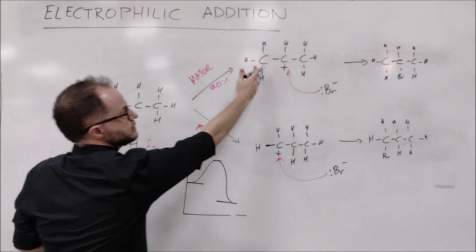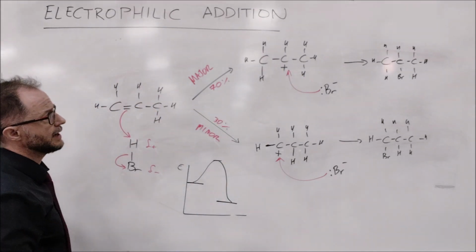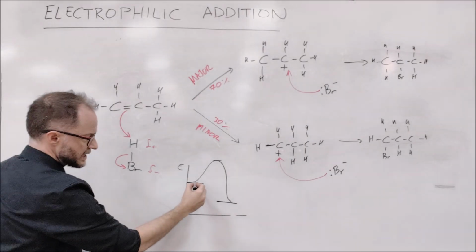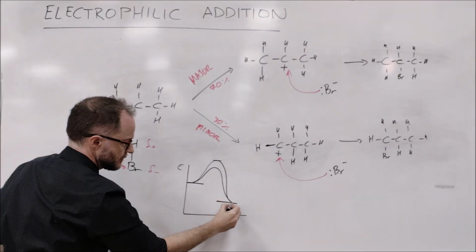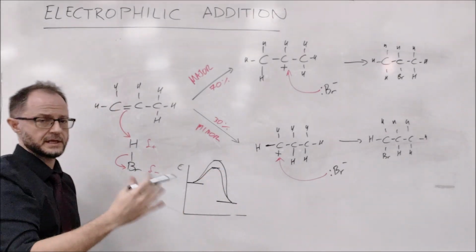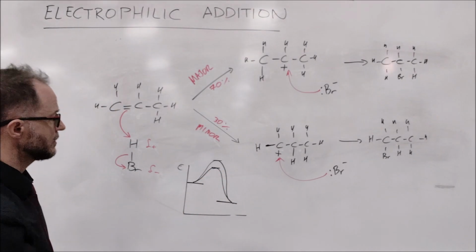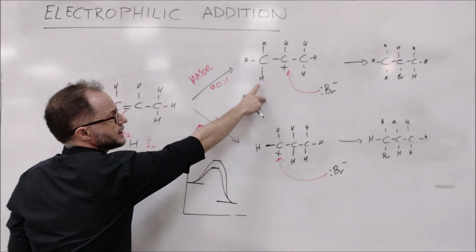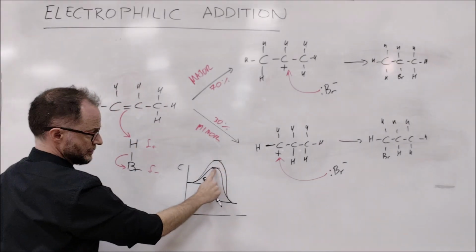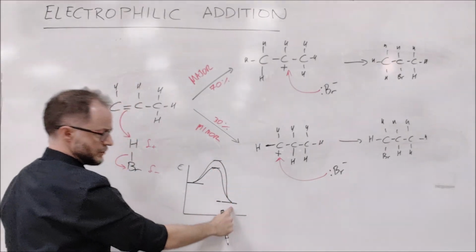But because of the two carbons that are adjacent to that cation there, the activation energy through that route is slightly less. I'm not saying it's easy, I'm just saying it's easier. So, less energy required to go through a secondary carbocation, and therefore, once that's formed, the bromide attaches itself and you end up with the product.